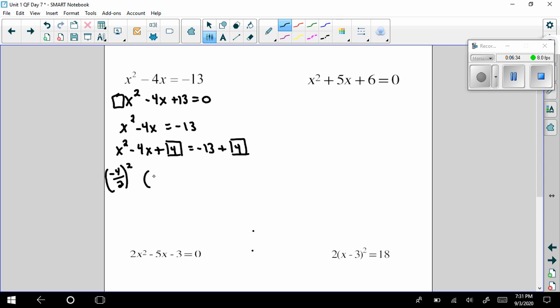So then this factors to x minus 2, multiply to +4, add to -4. So I get x minus 2 quantity squared equals -8. And again, if you think about squaring any number, you always get a positive answer. So this one has no real solution.